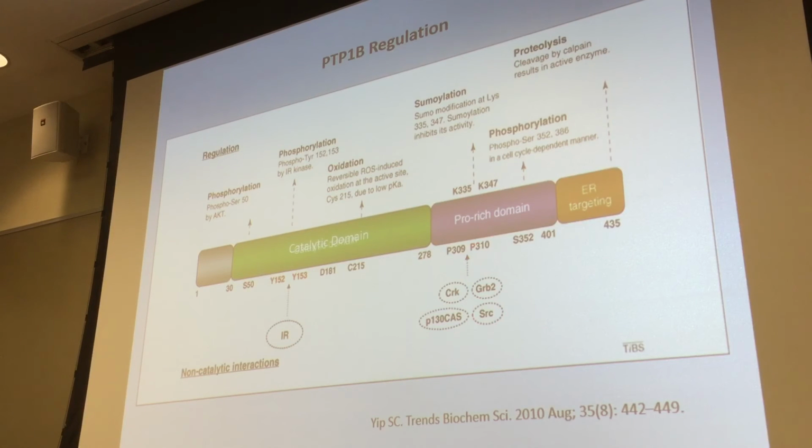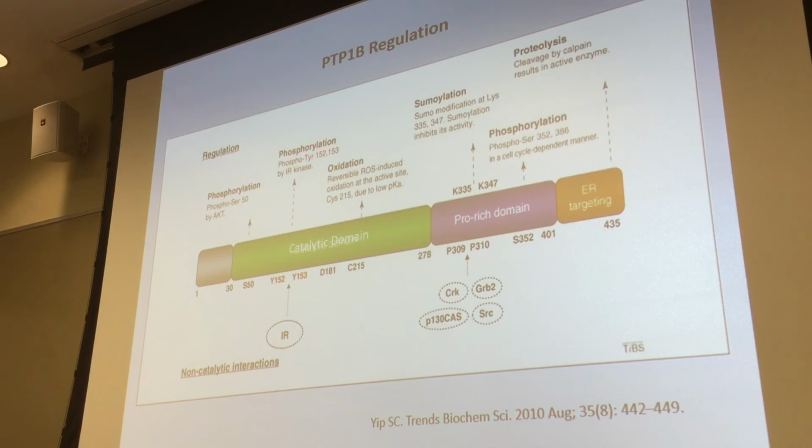And it can be phosphorylated here by bringing in SARC. So SARC was that non-receptor tyrosine kinase that's found in the cytosol. So these can come in, bind to these prolines in this proline-rich domain, and then we can get that interaction at this site.